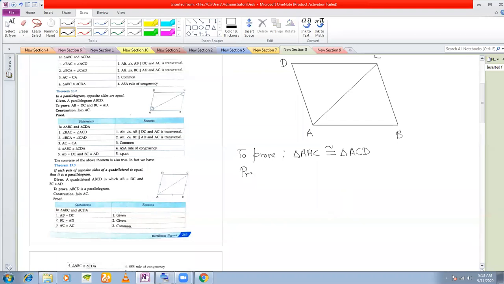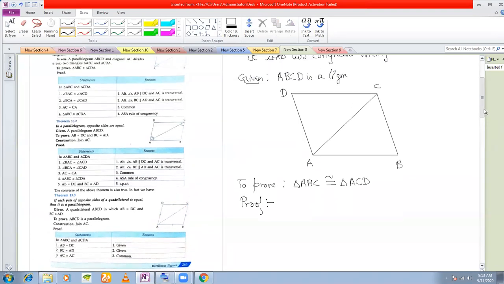Now we proceed with the proof. So see, how do we prove first? First, since it is a parallelogram, these two are parallel, marked in the figure. You mark it in the figure. Now, in order to prove congruency, what you see is that these two angles are equal. This angle is equal to this angle, and these two angles are equal. Why? Because they are alternate angles.